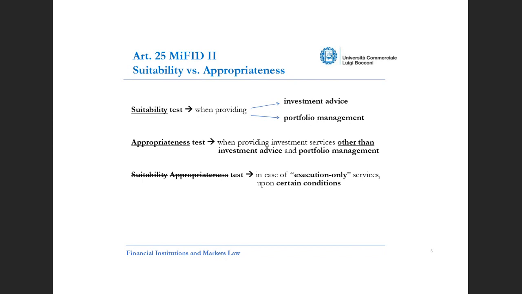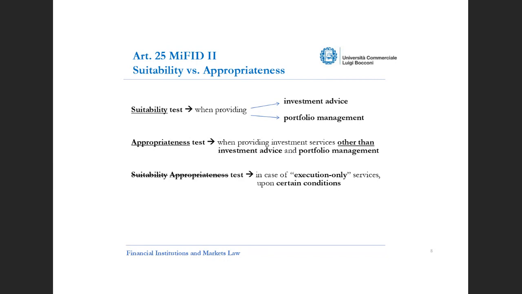I would say that suitability and appropriateness are a sort of a trademark of the MiFID regime since the beginning, since the 1990s, and they are the typical standard of MiFID conduct of business rules. The common core of suitability and appropriateness is to provide investors with a tailor-made service.